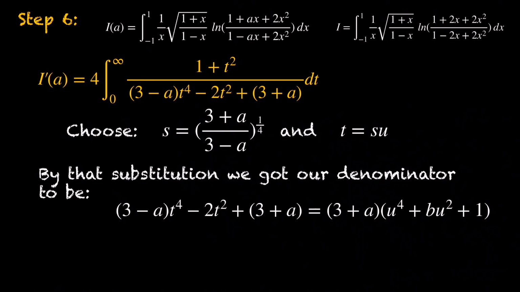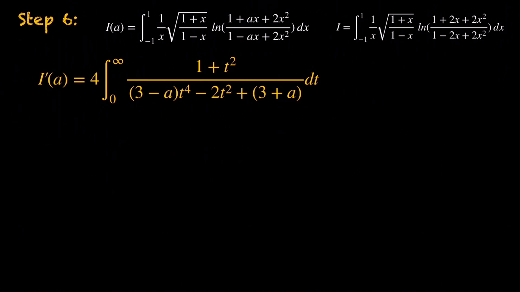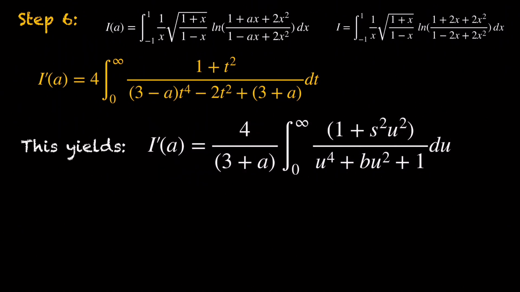By that substitution, we got our denominator to be equal to this quantity. And b here is equal to negative 2 over root 9 minus a squared. And this yields I prime to be equal to this integral, a much nicer formulation.